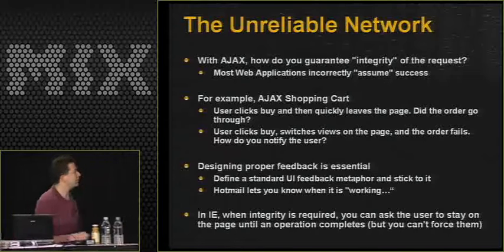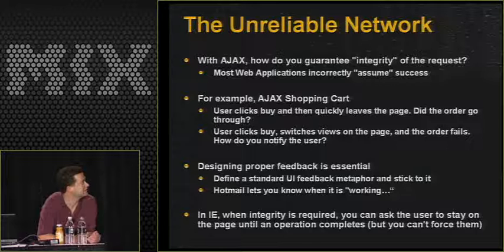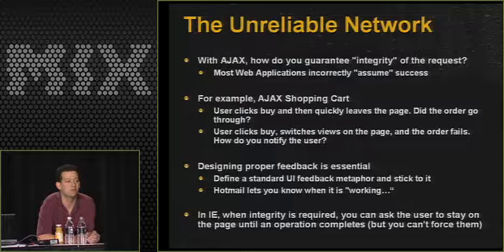Maybe this is good, maybe this is bad, but with AJAX, almost every AJAX app is assuming success. You can make the decision that's what you want to do, but I'd be very careful. Using that ordering scenario, you go build an AJAX shopping cart, and you think it looks so cool, and it runs great, and it seems to be a better experience, and your orders drop by 20%.